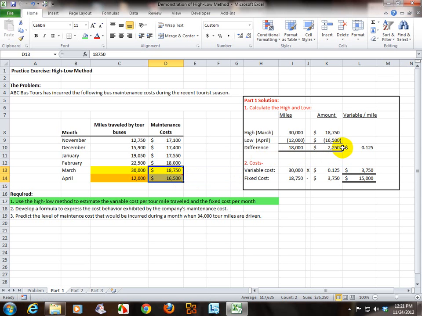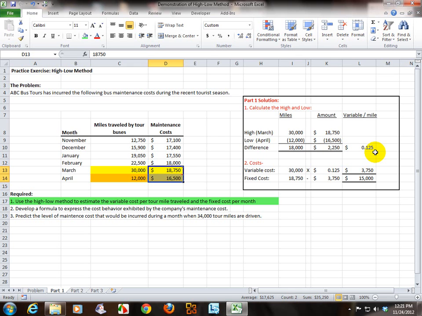If we transfer that information over here to the right and we calculate the difference between the highs and the lows for both miles and amounts, we will get an 18,000 mile difference and a $2,250 difference. If we divide the miles difference of 18,000 into the $2,250 amount, we'll get a resulting variable cost per mile of 12.5 cents.